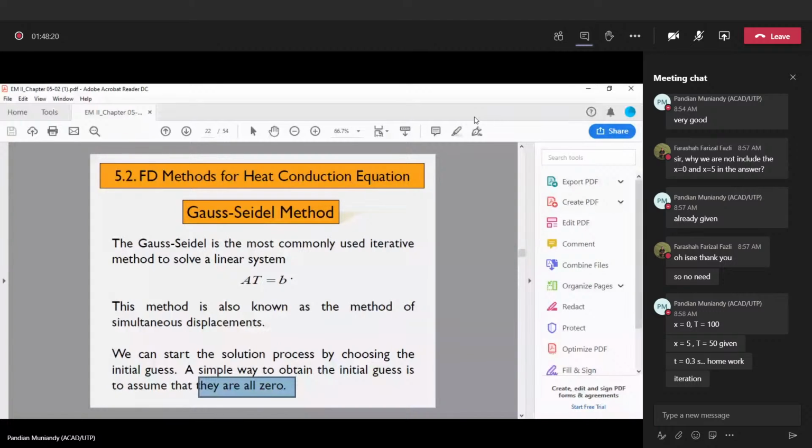But this assumption is based on knowledge or experience, practical or theoretical. So whatever it is, it's already justified in the literature. The initial guess is assumed to be all zero. So what is the meaning of all zero?